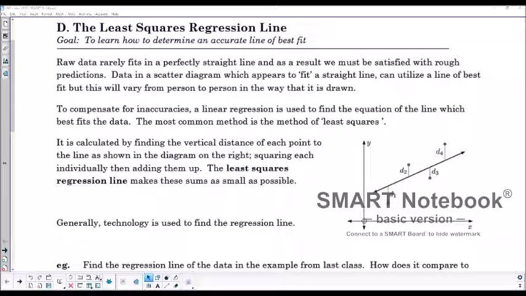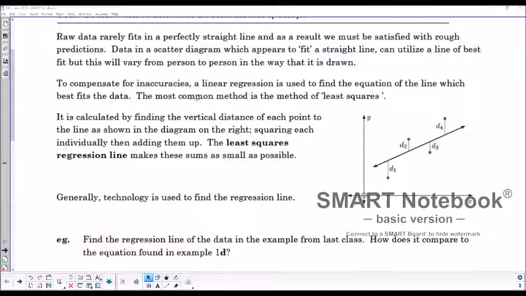So in the last class, we were able to draw a line of best fit through the general center of a cluster of points from a scatter plot. And as it says here, the raw data very rarely fits a perfectly straight line. So we have to use some analysis and draw the least squares.